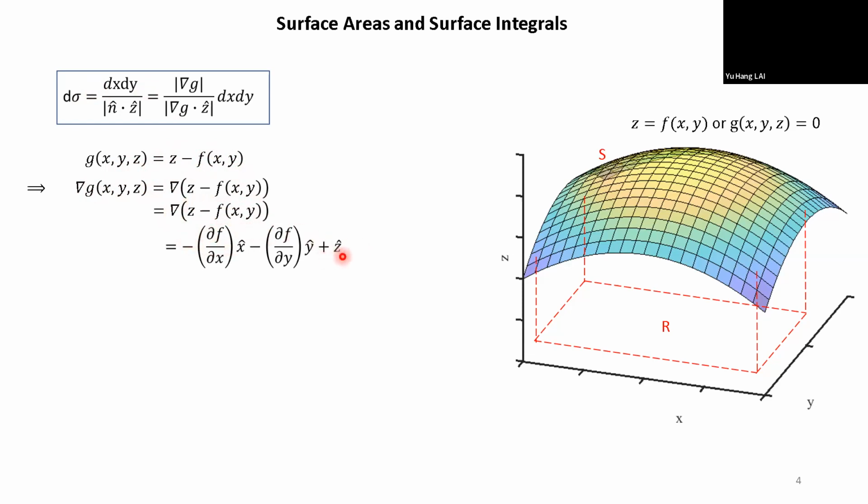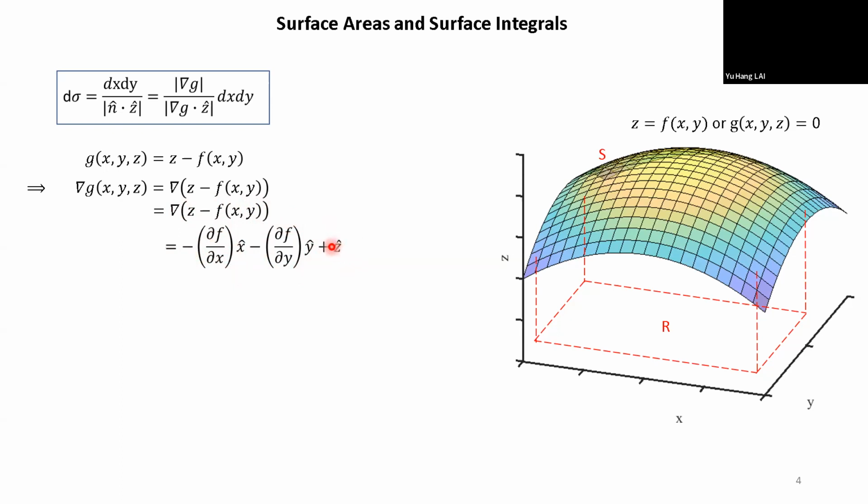When we talked about the gradient last time, we only had x hat and y hat, two components, but now we have three variables, so you just keep adding the partial derivative with respect to z times z hat. Here the partial of g with respect to z is just one. That's why I have this expression here.